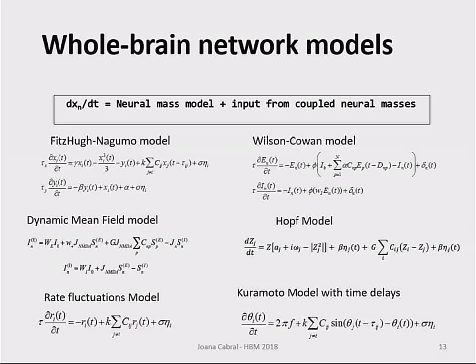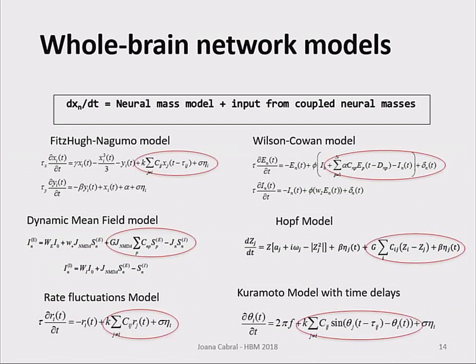The Hopf model is like a pendulum: you have a stable fixed point, and if you add input to it, it will start oscillating, and then it can return to equilibrium. That's the Hopf in the damped regime. So it has an intrinsic frequency, and it will return. Then you can couple these pendulums in the structural connectome and look at the dynamics, and see there is an analogy, something coming out of this that relates to what we observe in fMRI data. So it's a phenomenological rather than a predictive model.